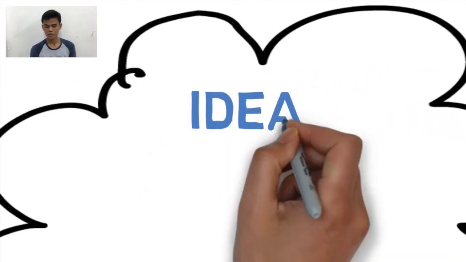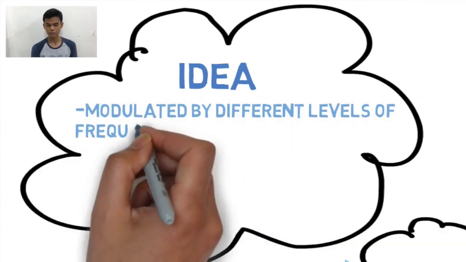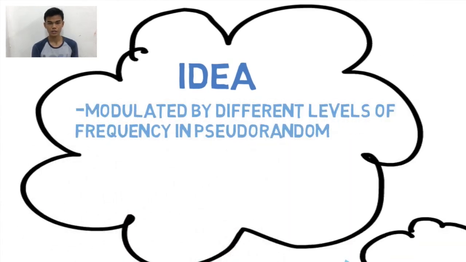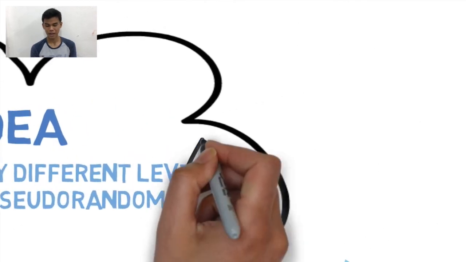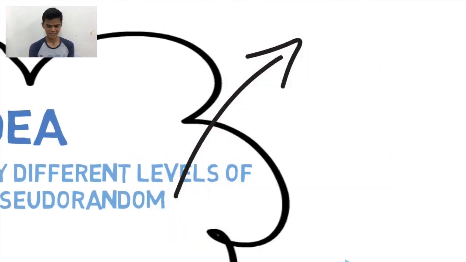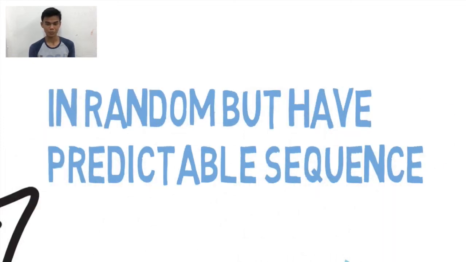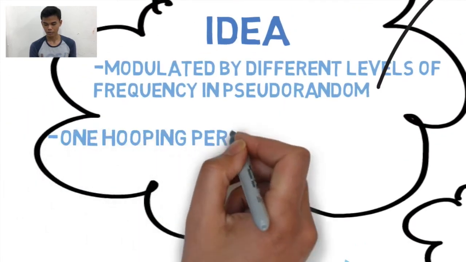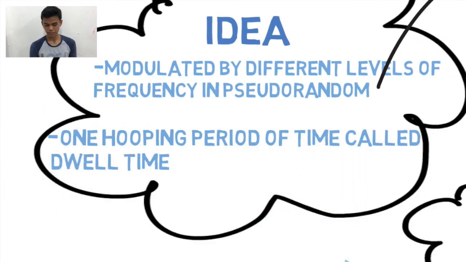The idea of frequency hopping is that the original signal will be modulated by multiple different levels of frequency in a pseudo-random sequence. What is pseudo-random, you might ask? Pseudo-random is an arrangement that is random but has a predictable sequence. One hop from one frequency to another is called dwell time.